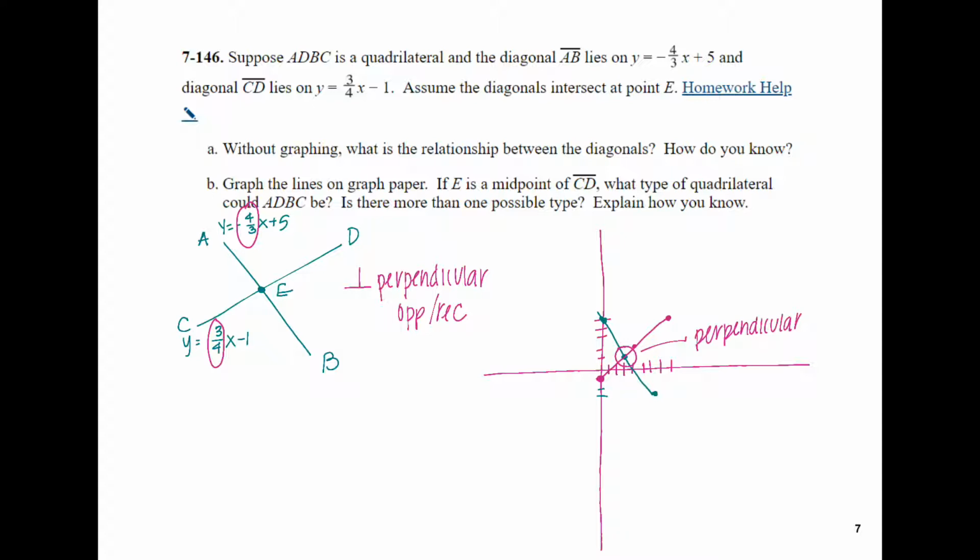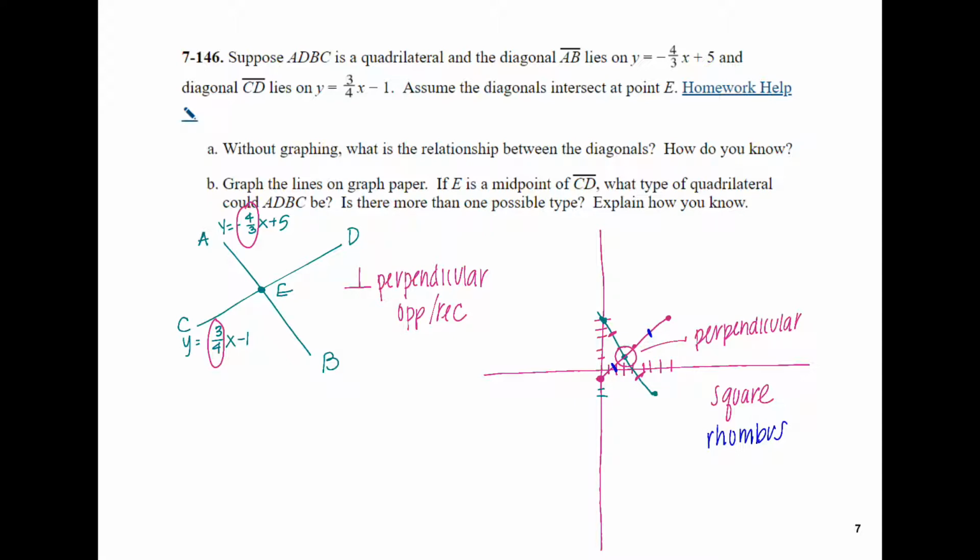If our lines are the same length, this could be a square because the diagonals are perpendicular. And when they said E is a midpoint, we know that one diagonal bisects the other diagonal. It could also be a rhombus, because the diagonals of a rhombus are perpendicular.